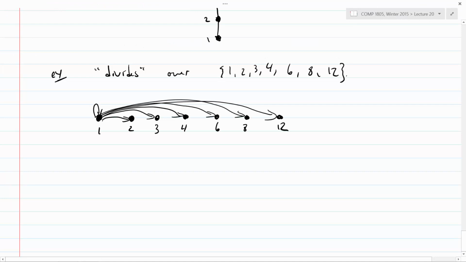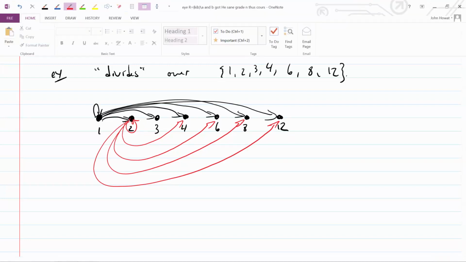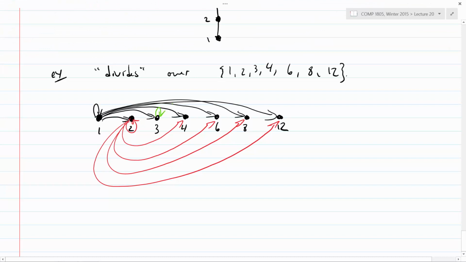What does 2 divide? 2 divides itself. It divides 4, 6, 8, and 12. All right. What does 3 divide? 3 divides itself, 6, and 12.